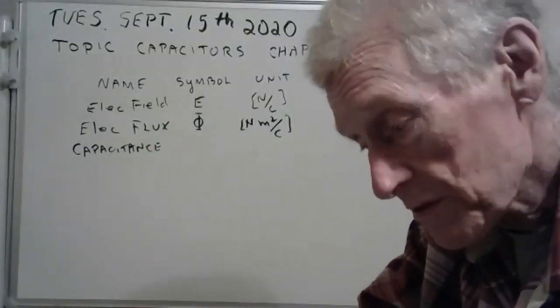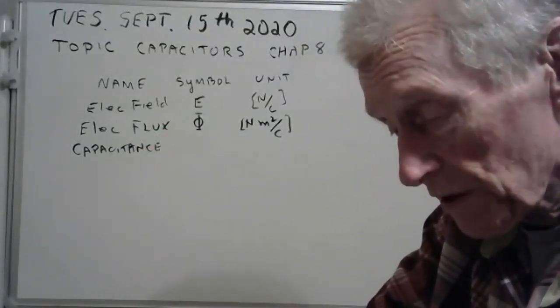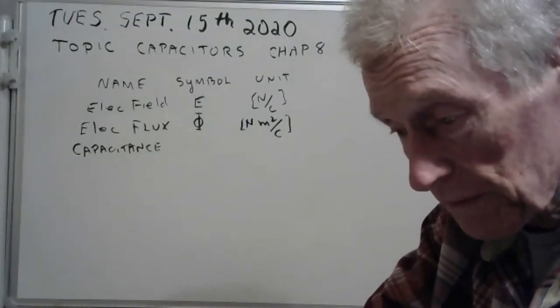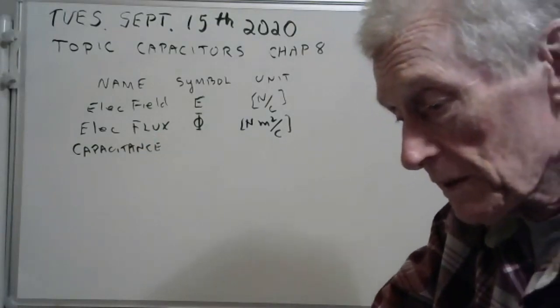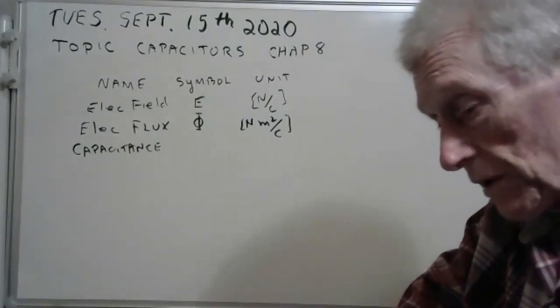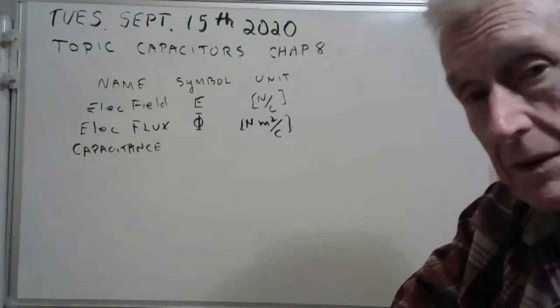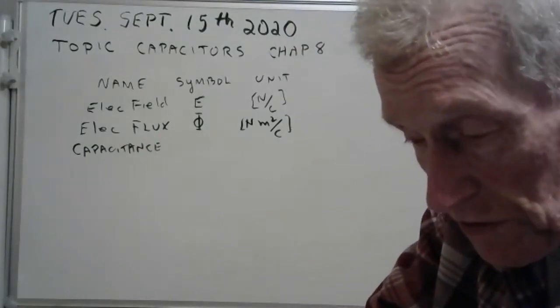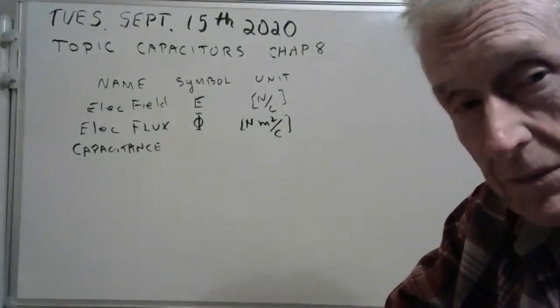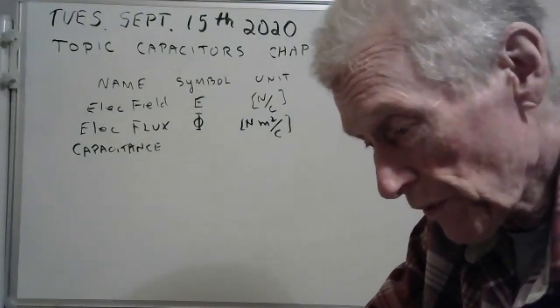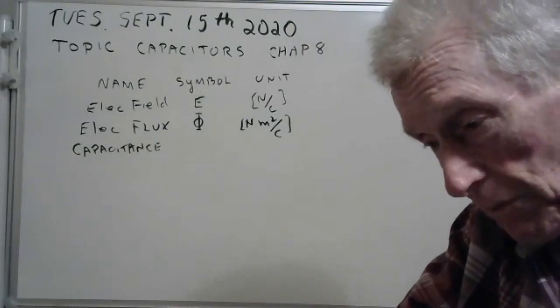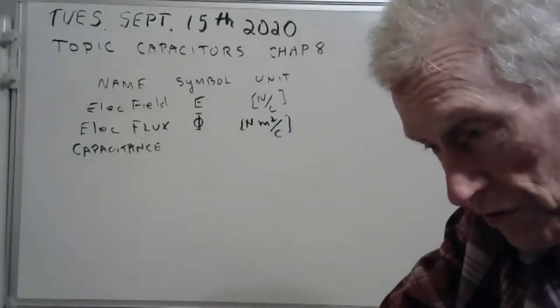I think it just means how much, like a bucket. What is the capacity of your bucket? How many gallons will it hold? Only for this class here, capacitance is how much charge something will hold. We're not filling a bucket with water. We're filling a capacitor with charge.